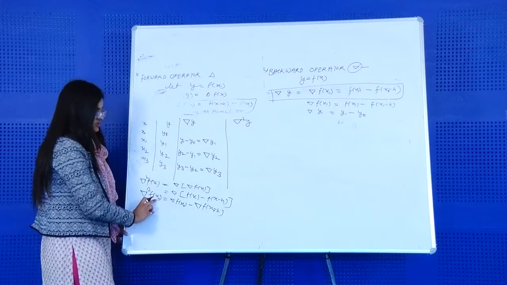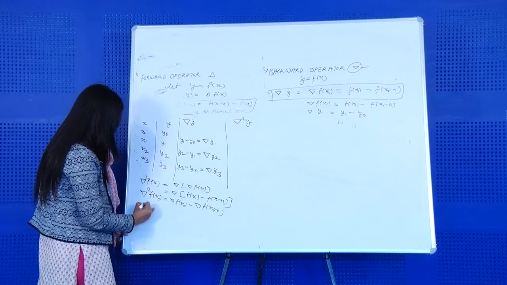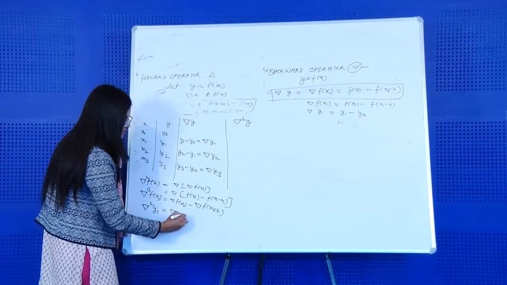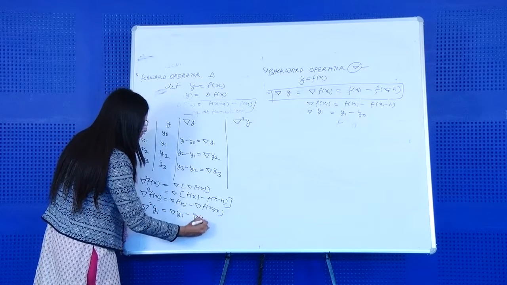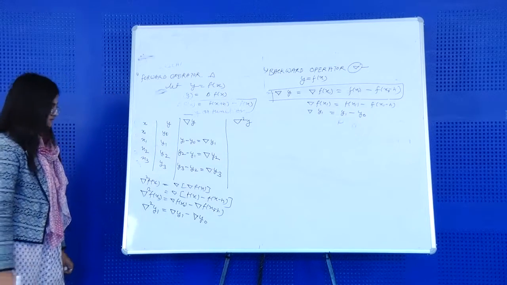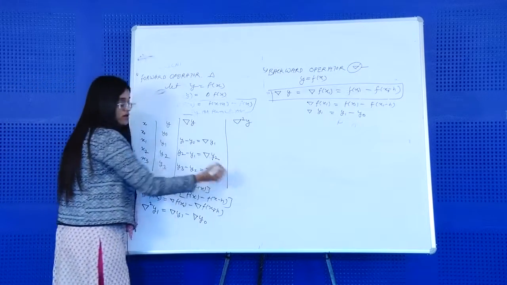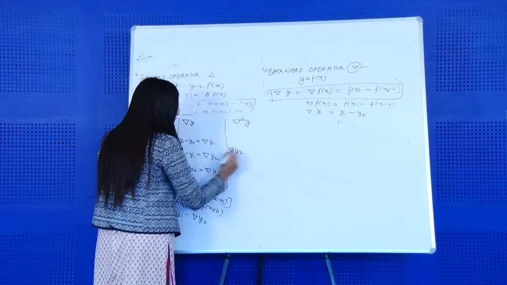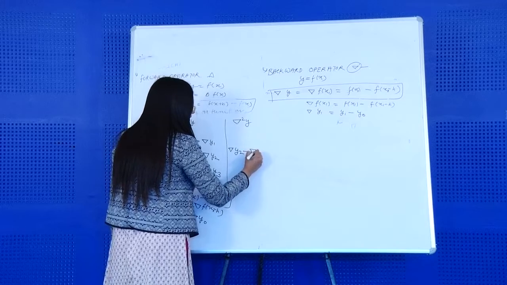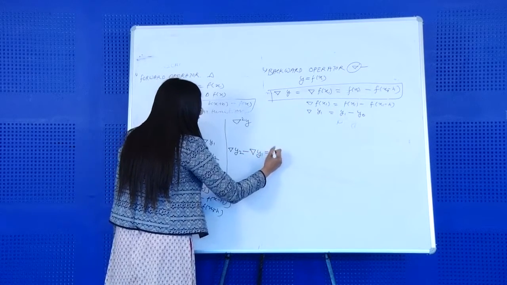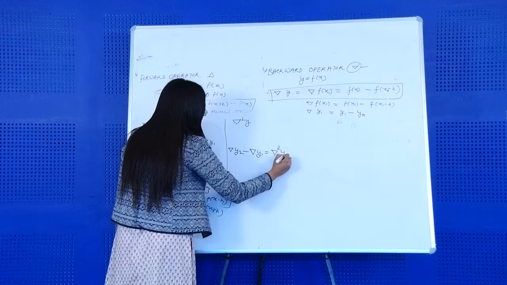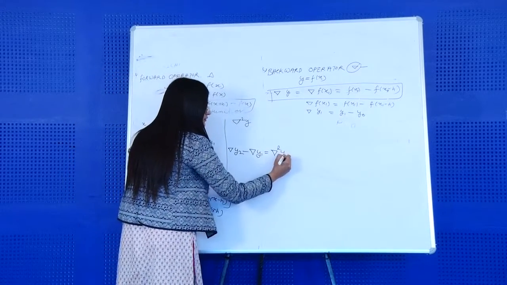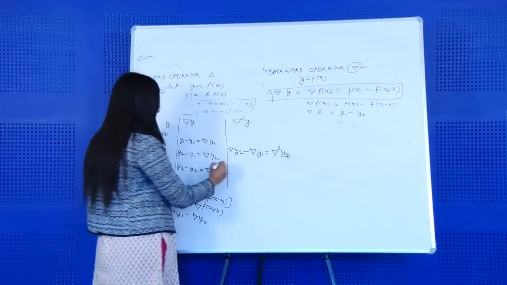So when I initialize this x with the 1, what do I get? I get nabla square of y1 equals nabla of y1 minus nabla of y0. So for the second order, the second column, the difference nabla of y2 minus nabla of y1 always gives nabla square of y2.